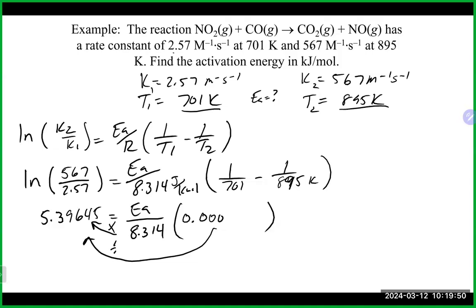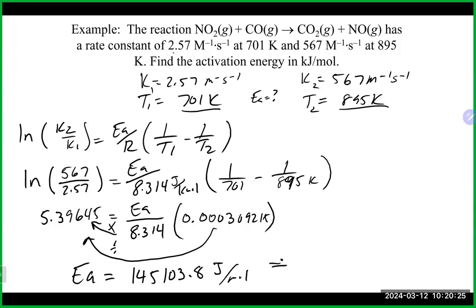All right, so 0.00309215. Thank you. Let's try this again here. We're going to take 5.39645 times 8.314 and divide it by our correct number there in the parentheses. That is going to get us an E_A of 14503, and these are going to be joules here.